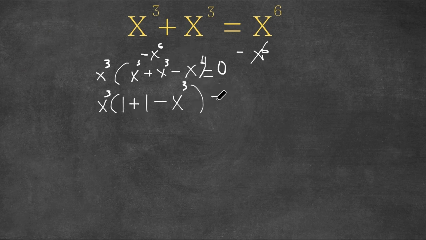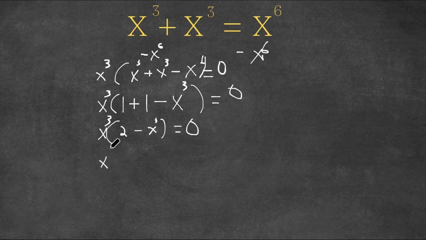So now that we have this equals 0, this can be simplified into x to the power of 3 times 1 plus 1 is 2 minus x to the power of 3 equals 0.